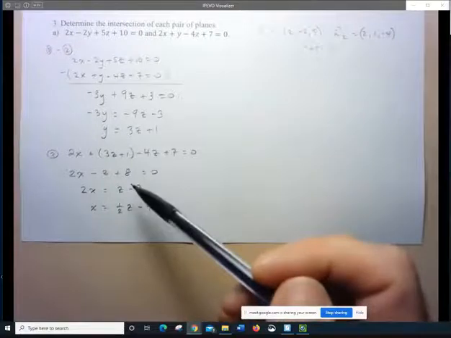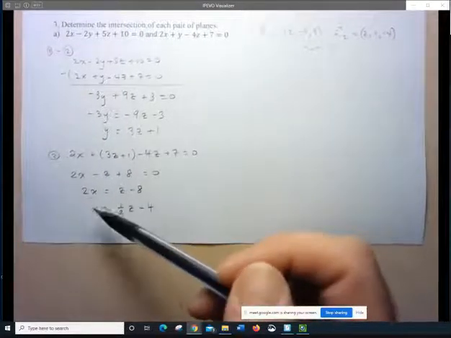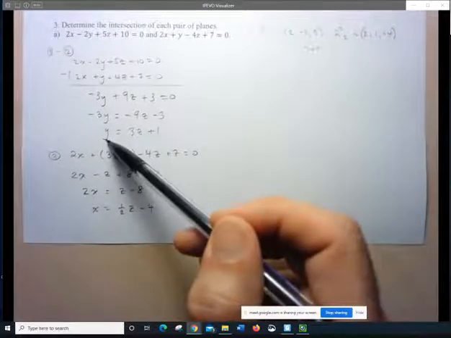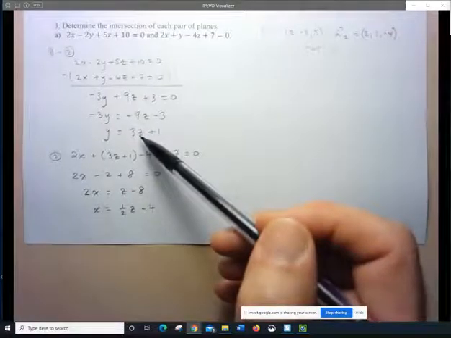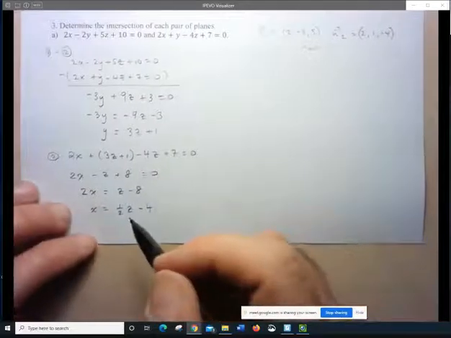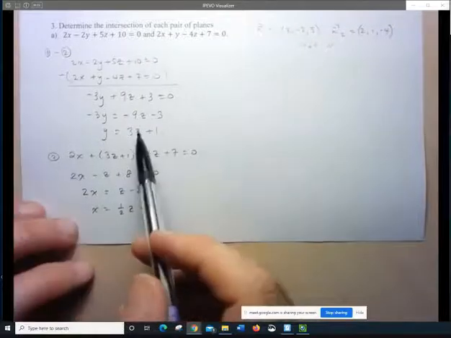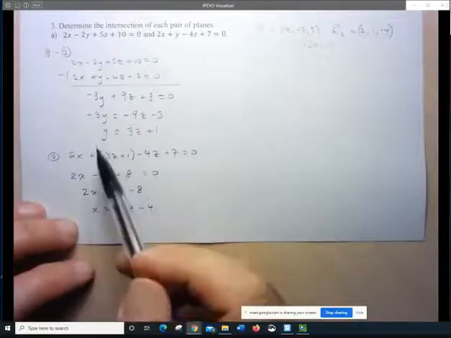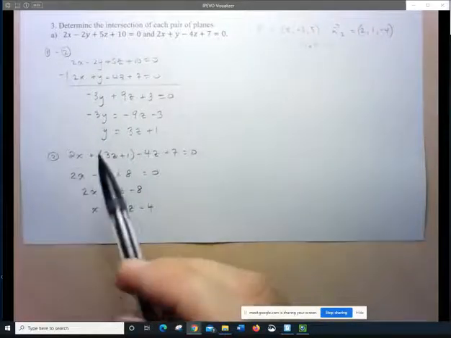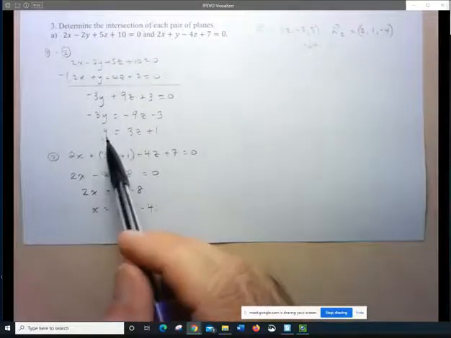And very good. This really looks a lot like parametric form, where I write the x component in terms of some variable, and I write the y component in terms of that same variable. But normally we put it in terms of t. If I pick any z value that I want, I can produce an x value and a y value.